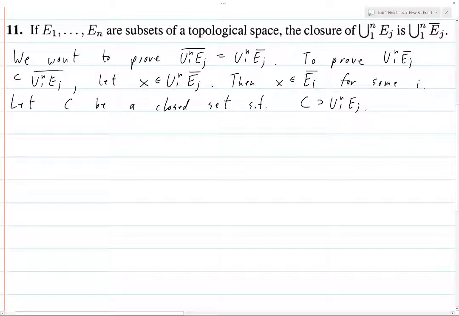And alright, so I had messed this up, but now I figured it out. Okay, so let C be a closed set such that C contains the union of the E_j's.